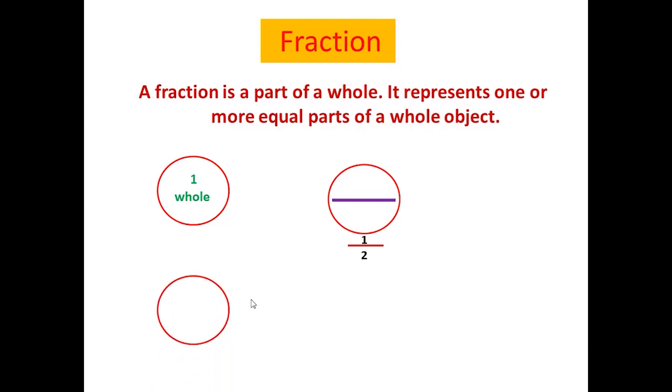When a whole is divided into 3 equal parts, we get each part as 1/3, also expressed as 1 by 3. When a whole is divided into 4 equal parts, we get each part as 1/4 or 1 by 4. So when a whole is divided into parts, each part represents a fraction.